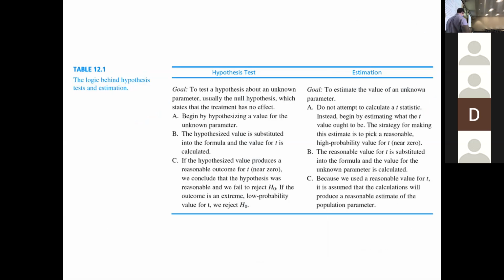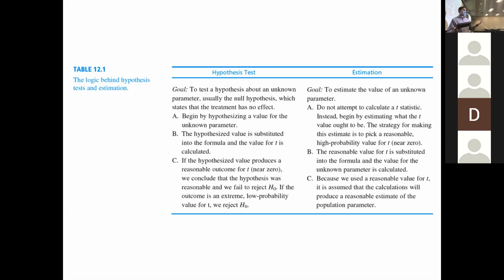So this just, again, serves to highlight the difference between the two. I'm not going to read over all of this, but just to give you the high level, the goal for the hypothesis test, as you know, is to try and establish what actual difference there may be, right?